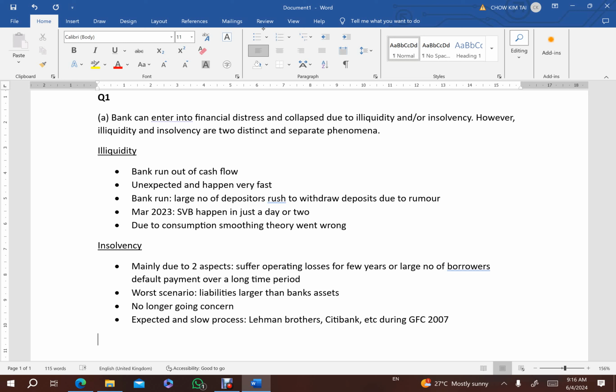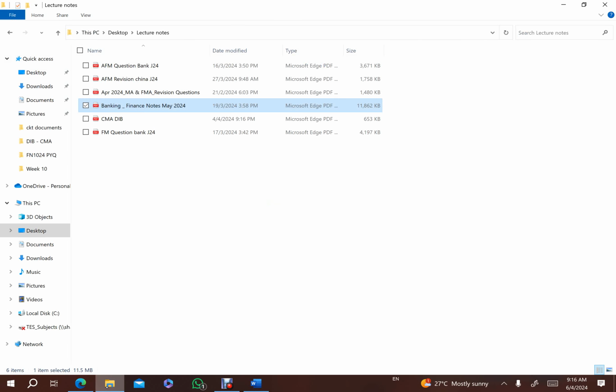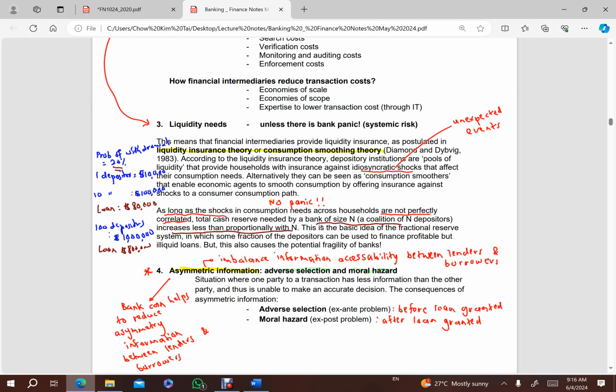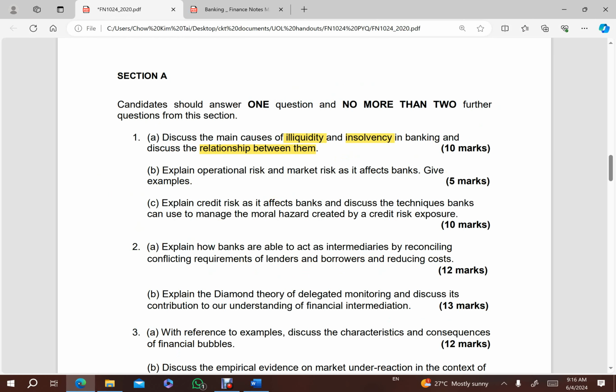Okay. So what's the relationship between these two? Well, both can actually cause bank failure. The relationship, that's the question, right? Make sure you answer fully, always. So the question asks for the relationship between them.